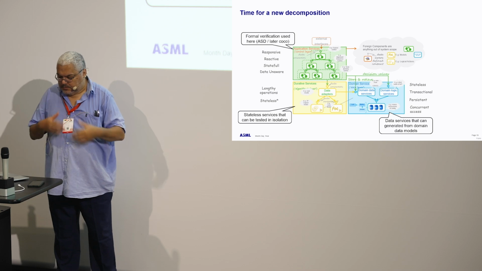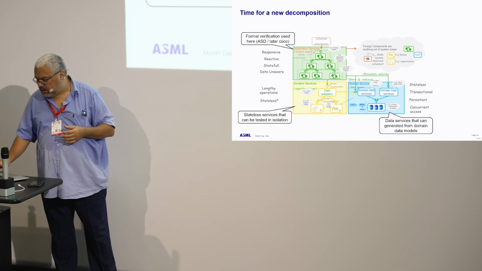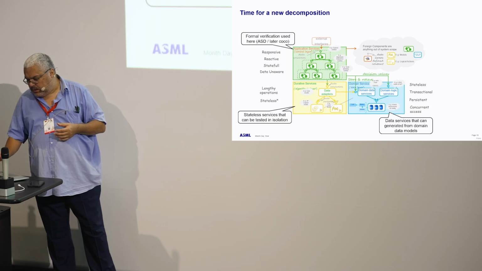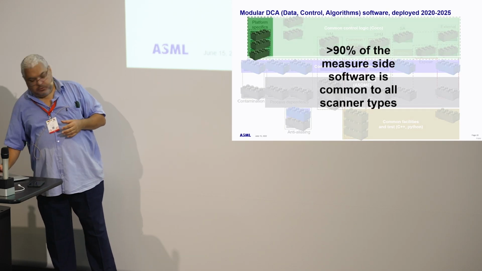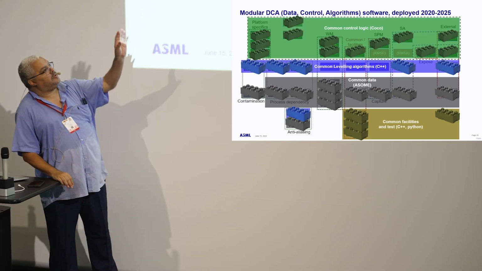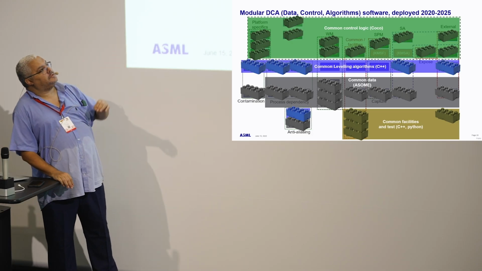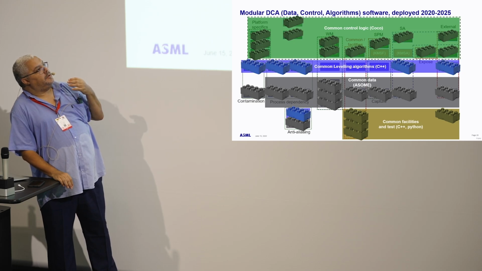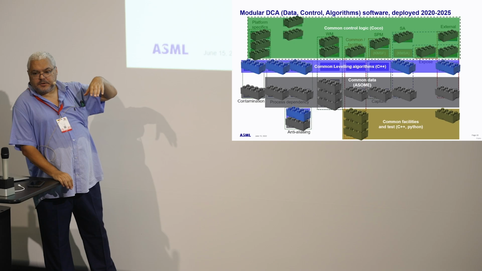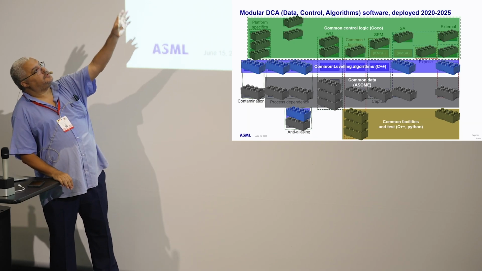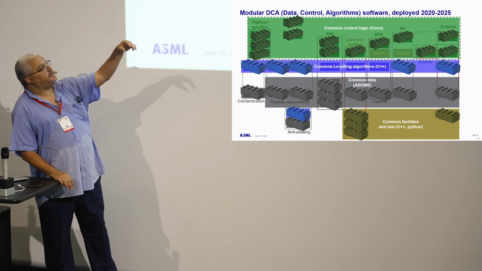But we decomposed this, and over the next few years, we built something. And I've deliberately covered over some of the details on here. The key point of it was that we broke it into those different components as mentioned. So we have at the top the control logic, which is implemented in Cocoa.